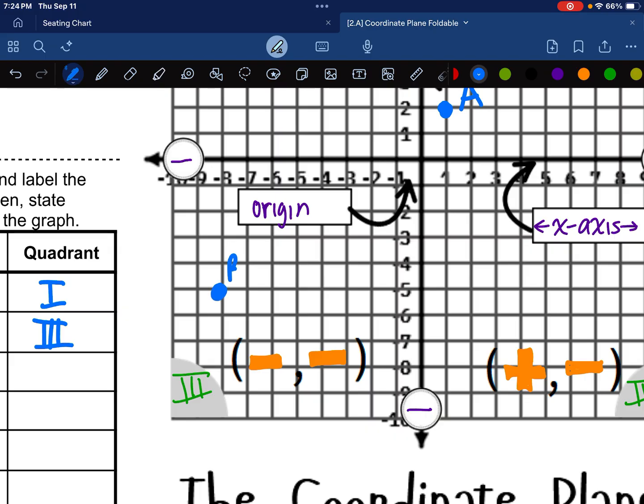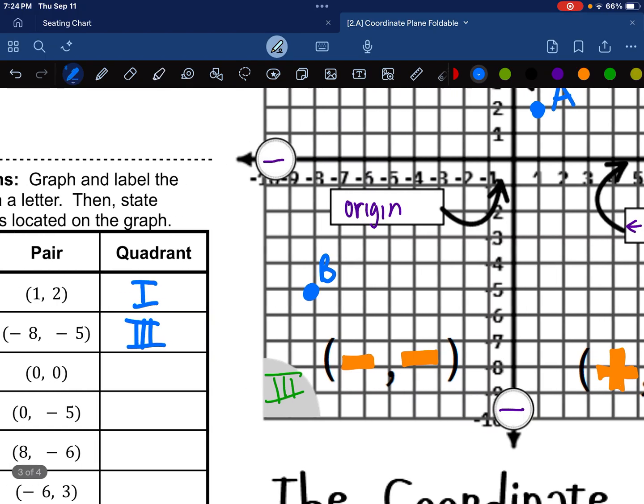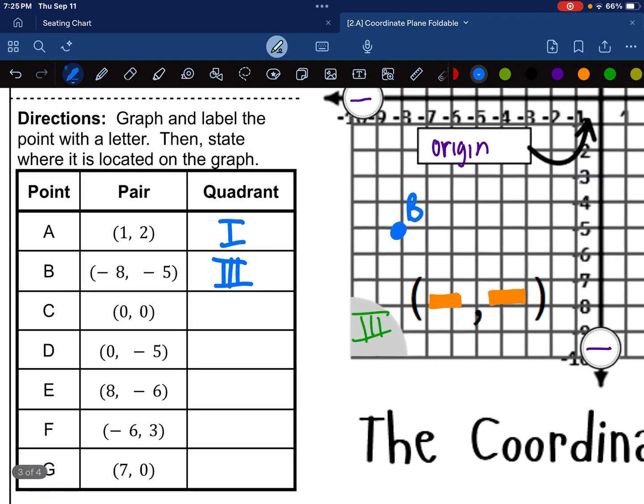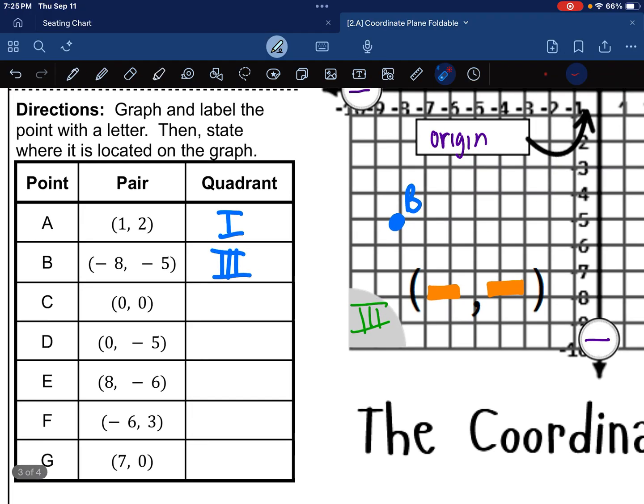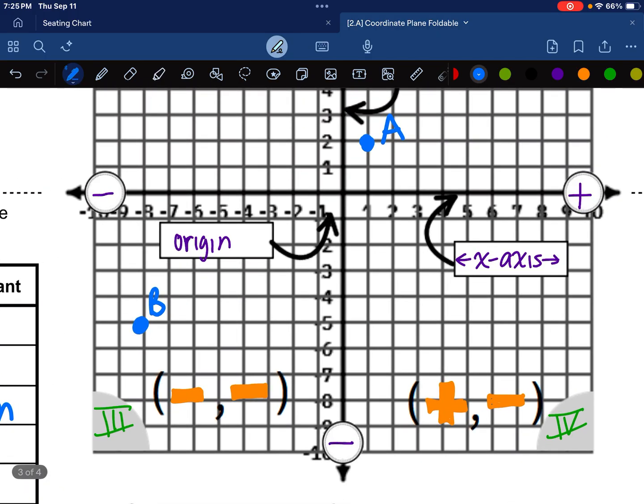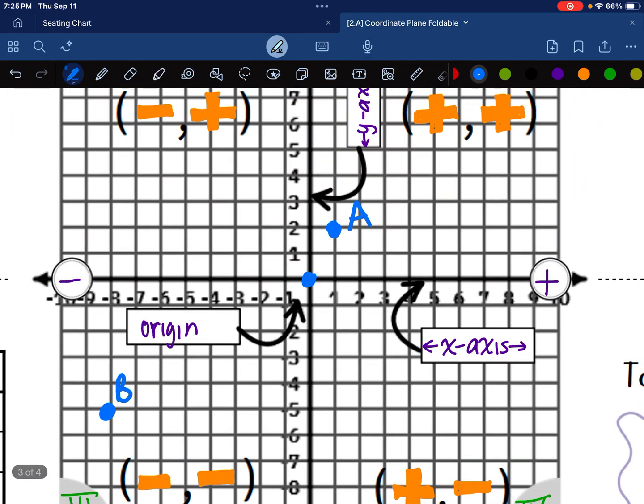That puts me right here for point B. Looking at point C, it's saying don't go left or right and don't go up or down. Well, that location is the origin. So I'm looking here where my two axes meet and labeling it as a C.